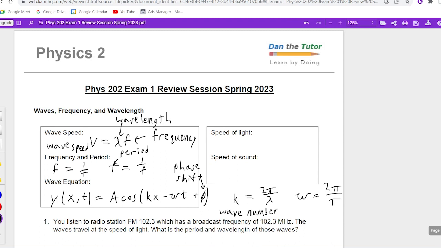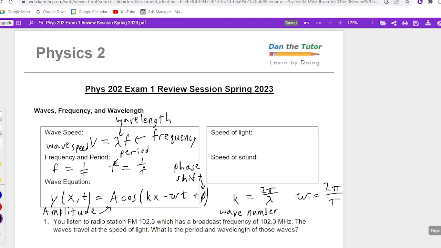As a matter of fact, I've never seen an exam that has the phase shift in it. It's very rare that it ever shows up. What it's talking about is you literally just move the sine or cosine curve around. It doesn't even matter for any of the questions, so go figure. Oh, and A is the amplitude. In other words, the maximum height of your wave.